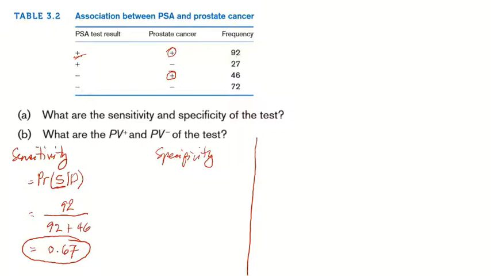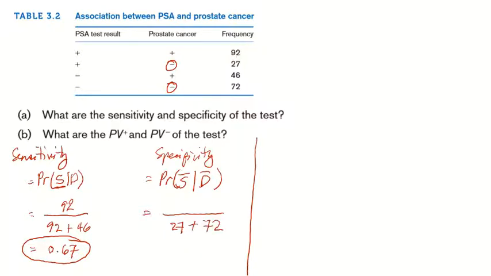Next, for specificity. Specificity is the probability of not having a symptom given that there's also no disease. Now this time, let's look at the population with no disease. Let's erase this. No disease, so we have this and then this. What's the total number? That's 27 plus 72.